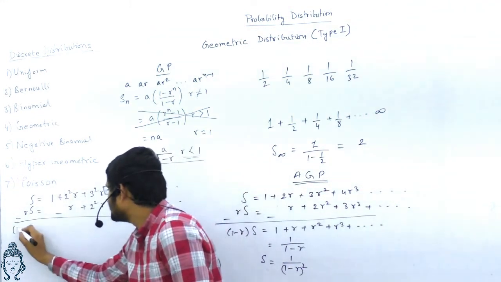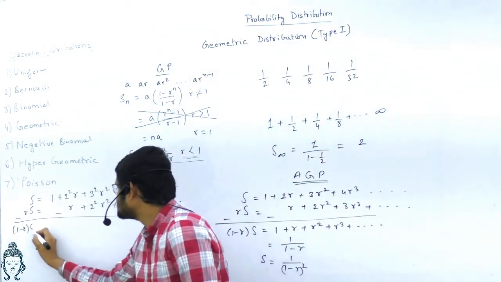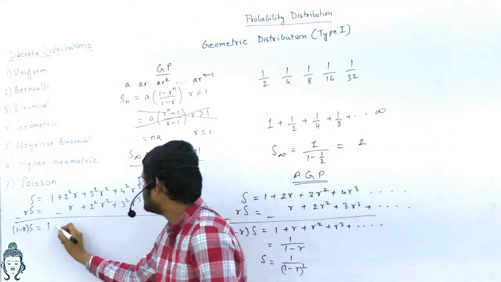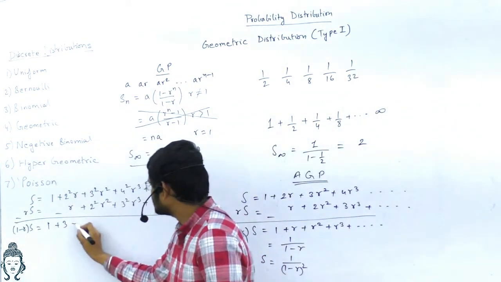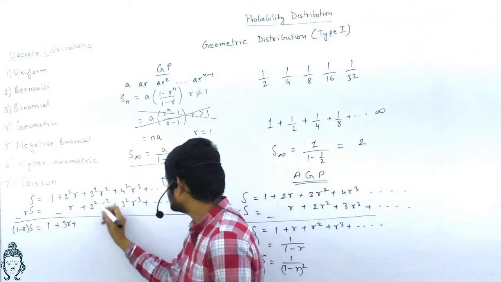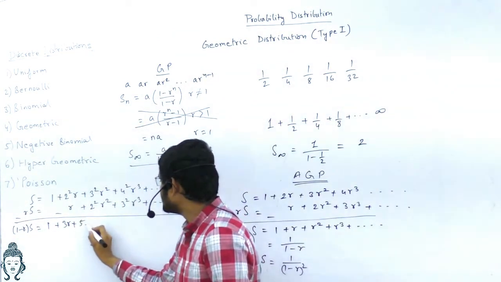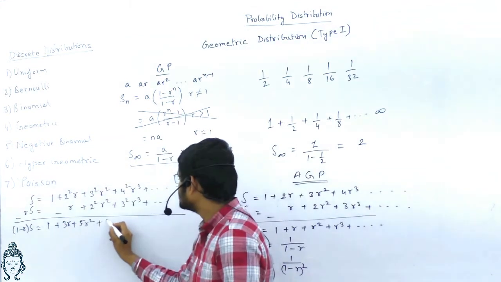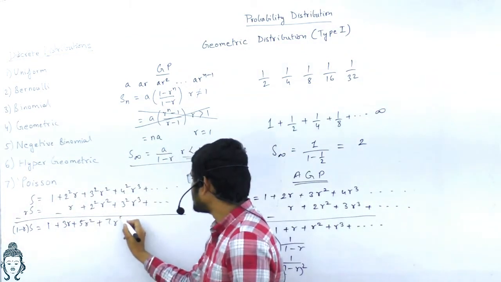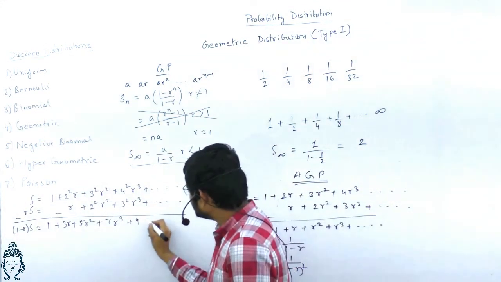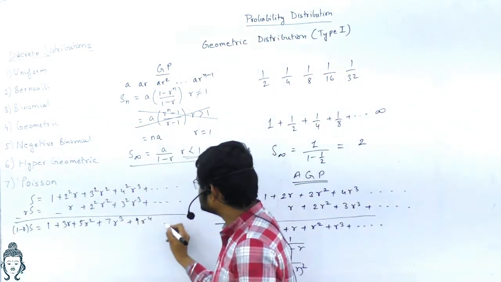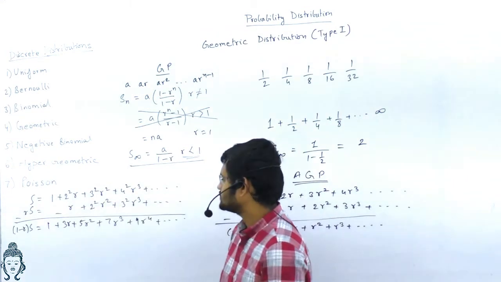Here we are going to get 1 minus R times S, and here we have 1 plus, it will be 4 minus 1, 3R, then here we'll get 5R square, here we get 7R cube, and so on. Or the next step would be 9R raised to 4, and so on.